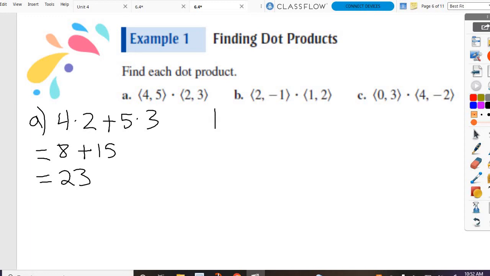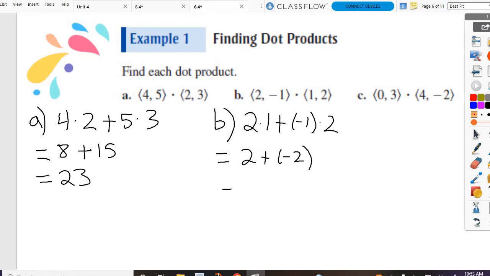So then on our next one, what are my x components? 2 and 1, and then my y components. Okay, so what do we get? So we get 0, which is fine. Sometimes we're going to end up with 0.